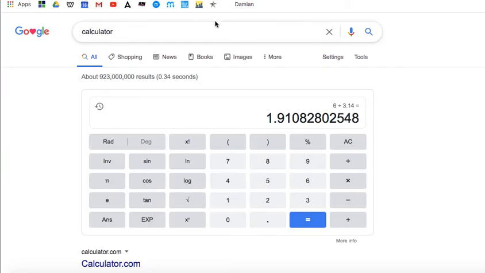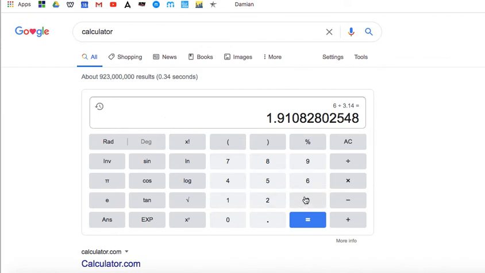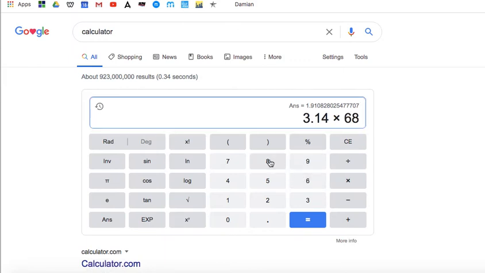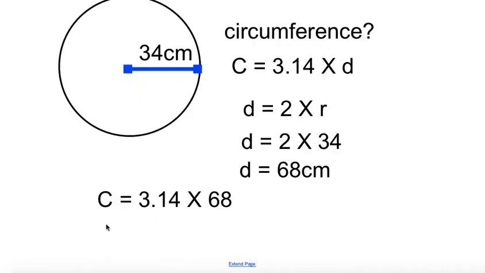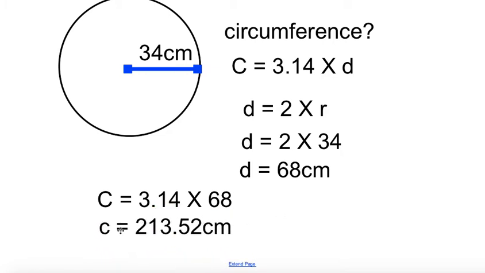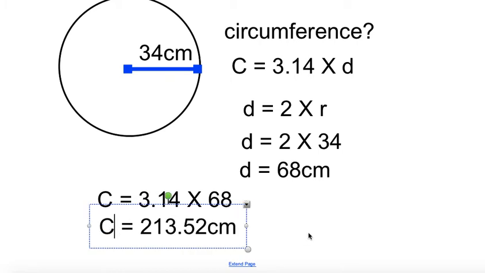I'm going to plunk in pi times, what was the other number? 68. 3.14 times 68 equals 213.52. So circumference equals 213.52 centimeters. Okay, so I found the distance around the circle. That should be a capital C. The distance around the circle is 213.52.